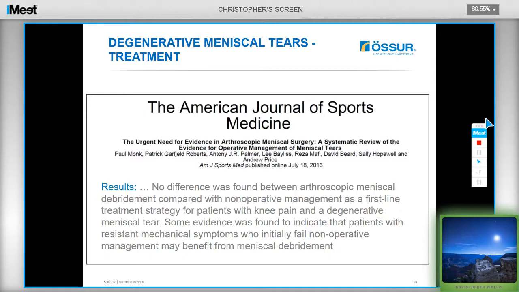So they made this delineation: for those without locking of the knee, conservative management. But for anyone with locking, yes, go ahead, remove that material that is impeding normal knee joint range, but otherwise conservative management.